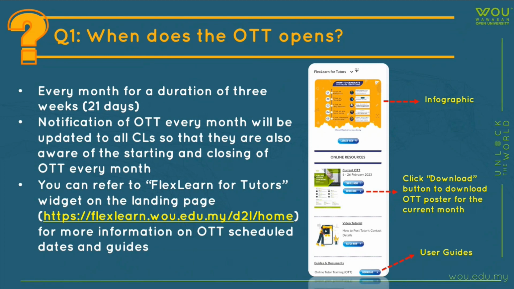And Nadia will assist me to send the information every month to the CL so that they are aware when it's open, when it's closed, especially when you want to begin a new semester.